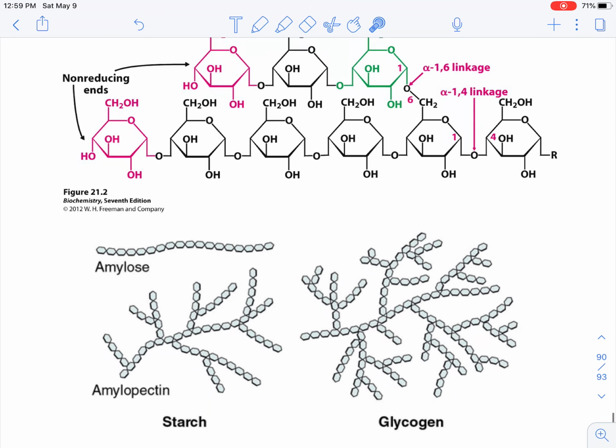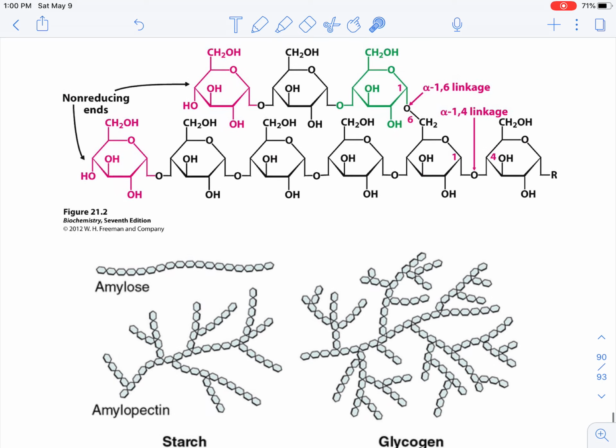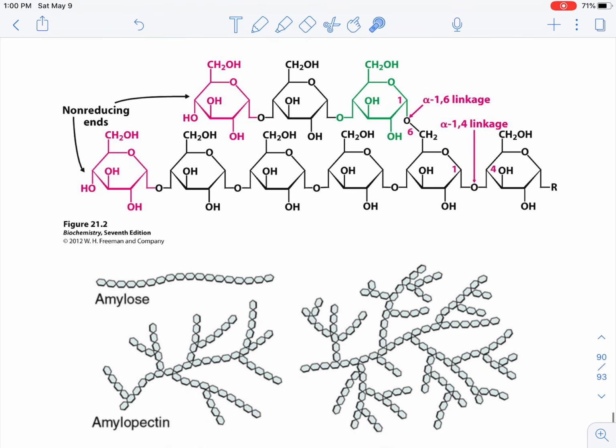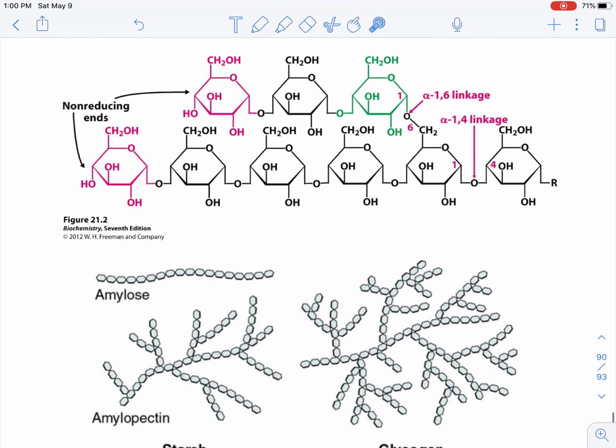Once again, we can see what all of this looks like through the Haworth structure. The alpha-1,4 represents the glycosidic linkage in a straight chain. However, the alpha-1,6 represents the branching point for glycogen.